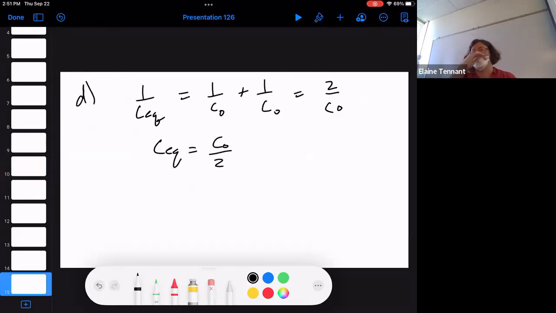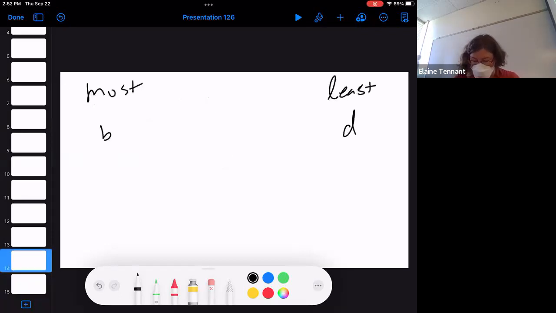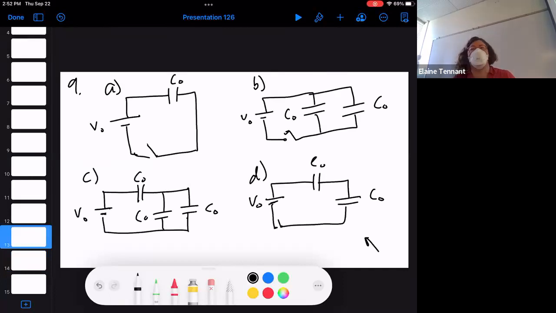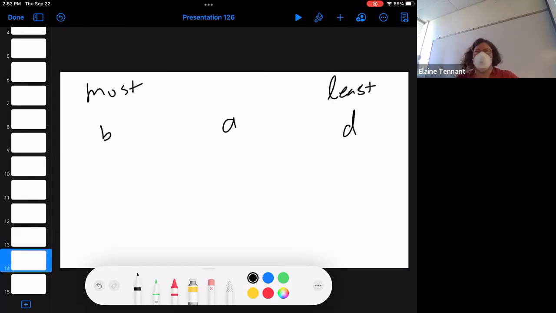So adding capacitors in series does not increase the amount of energy your circuit has. It actually decreases the amount of energy your circuit can hold, whereas adding them in parallel increases the amount of energy. Sound good? Which is why D has a lower capacitance than A, even though D has more capacitors than A. So far, so good.